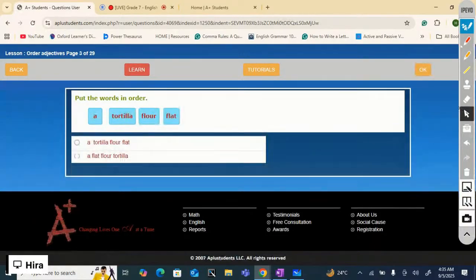A tortilla flour flat. Is it a tortilla flour flat or a flat flour tortilla?